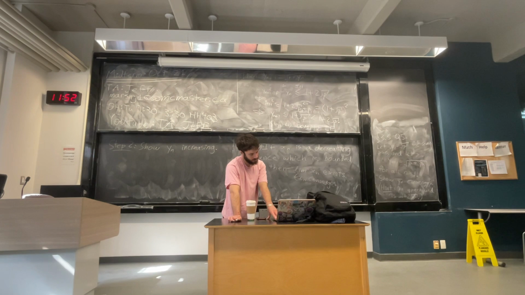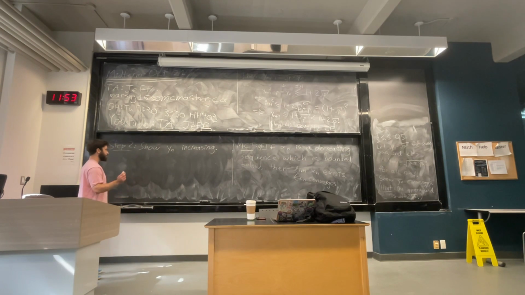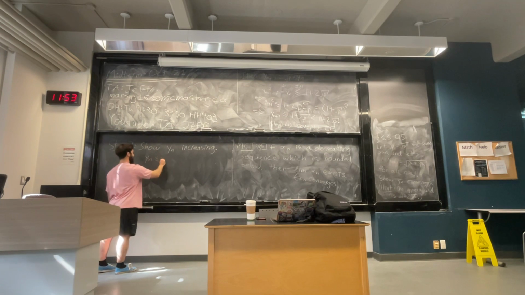Yeah, I think I made a mistake in my notes, but maybe I can solve this. We're going to skip step 2 for now because I think I made a mistake. Show yn is increasing, meaning you're going to show yn is less than or equal to yn plus 1.